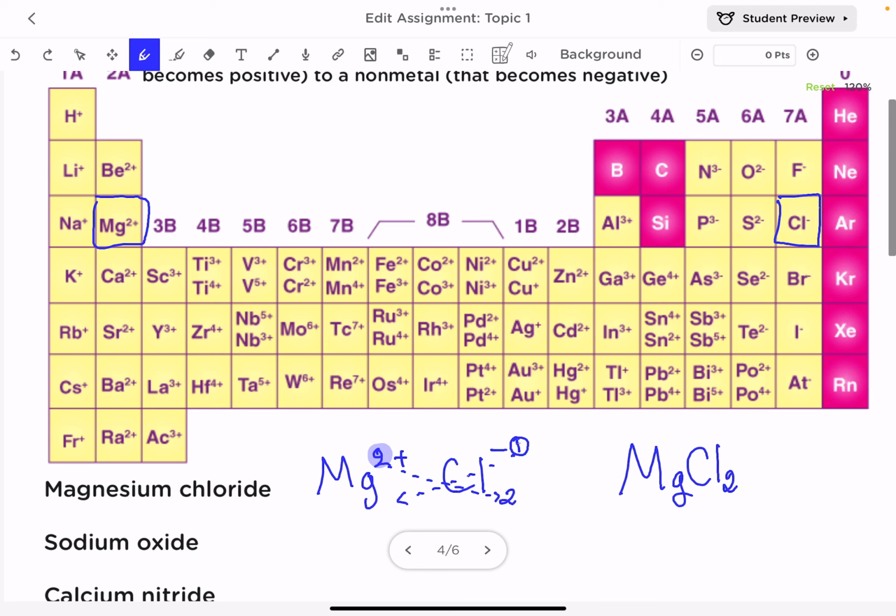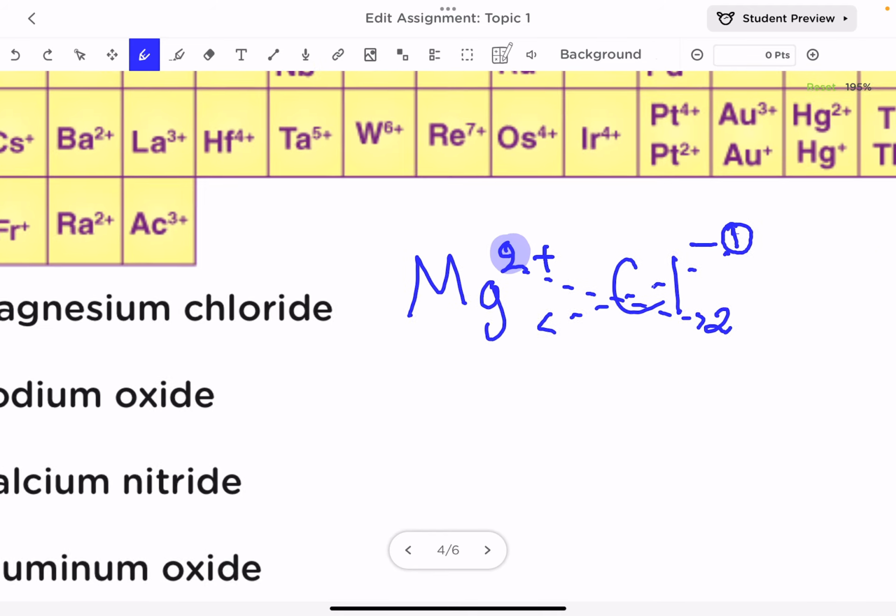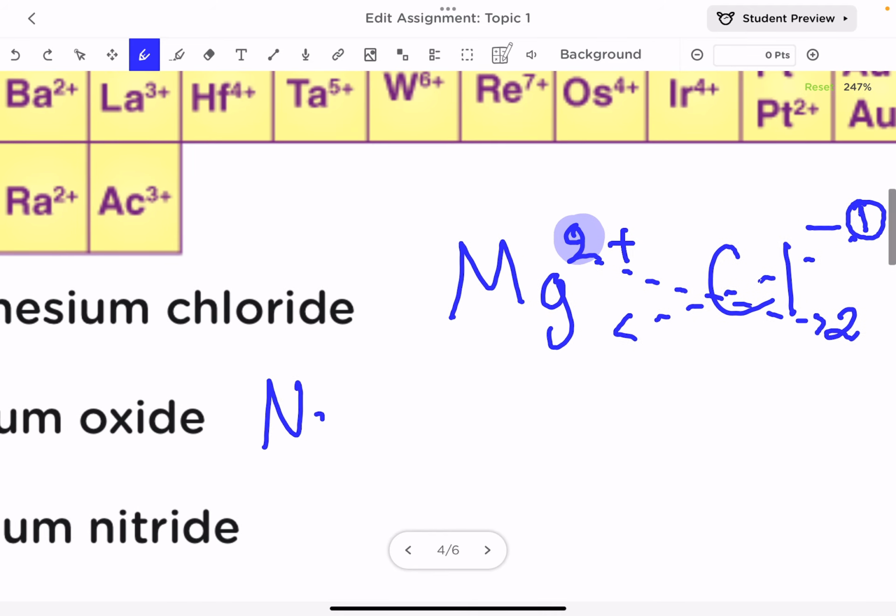Sodium oxide. So here's sodium, and here's oxygen, which is called oxide in an ionic compound. When we look at it, sodium has a +1 and oxygen has a -2. Always follow this step.